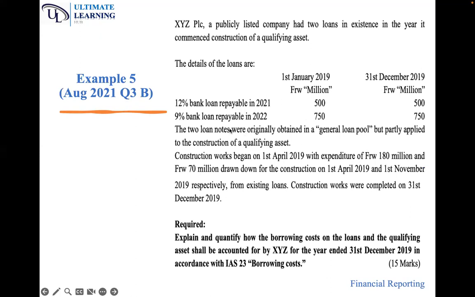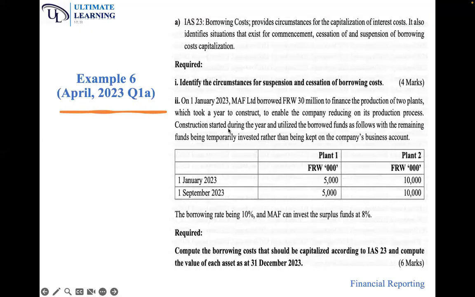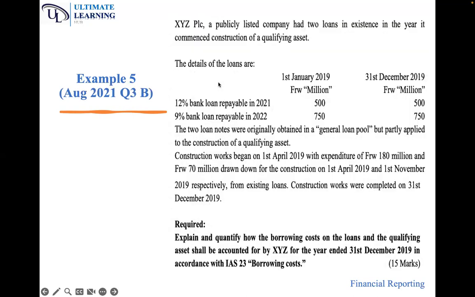And there is also example 6, which was from this year, from the April sitting. So we have 6 examples. Our time can only enable us to cover 3 examples, and I'll choose examples that have got different scenarios, which are not related. Okay, let's move on to the Excel sheet so that we solve example 1.